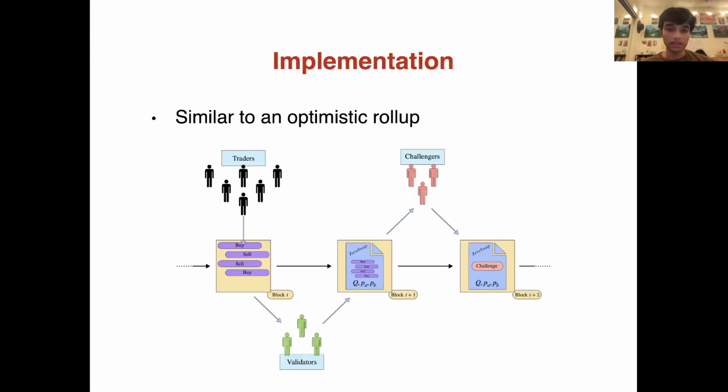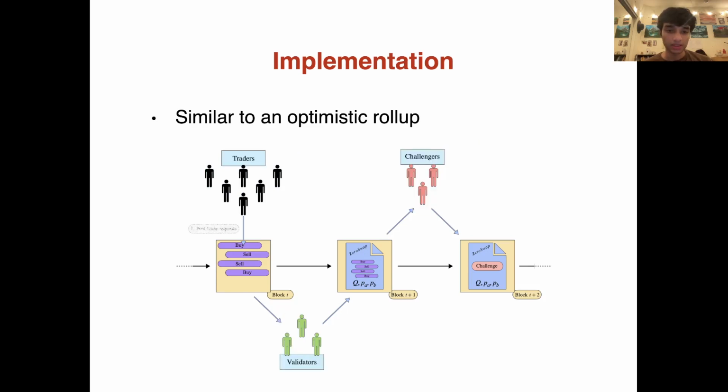We now give details on how one can potentially implement such a model. For this, we would have 3 agents interacting with the blockchain, and this would be implemented similar to an optimistic rollup. Firstly, we have the traders, then we have the validators, and then we have the challengers.